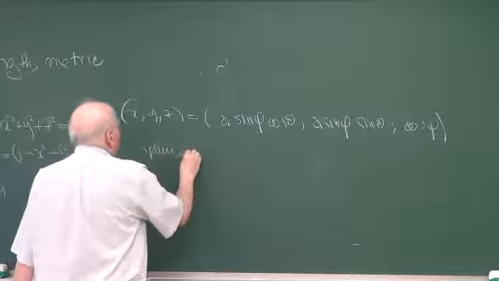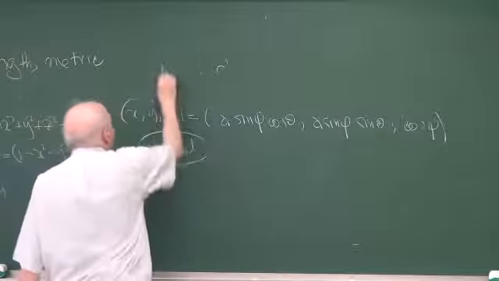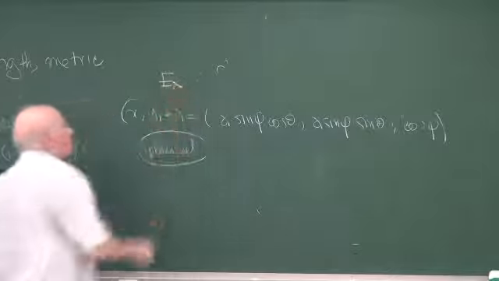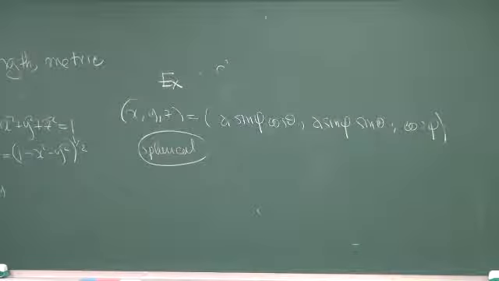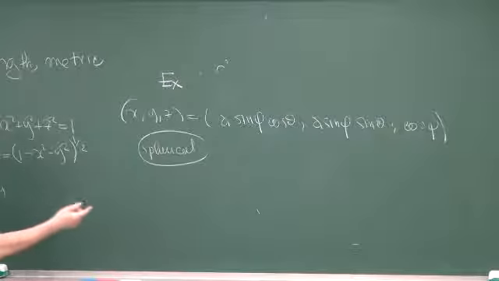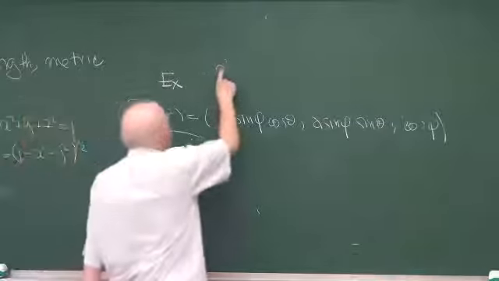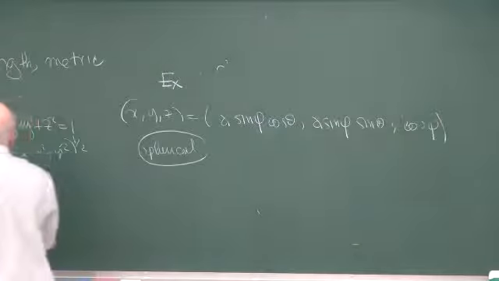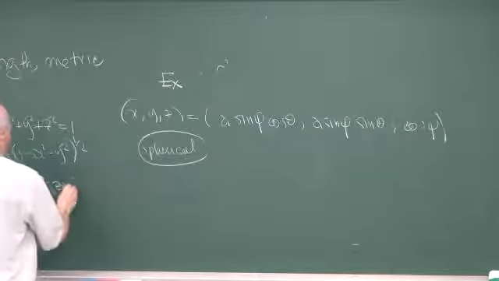So what's the point? This is just an example that on a surface there are many possible coordinate systems. Here was one. We could have used x, y, z, where you give me x and y, and then I have z of x, y.